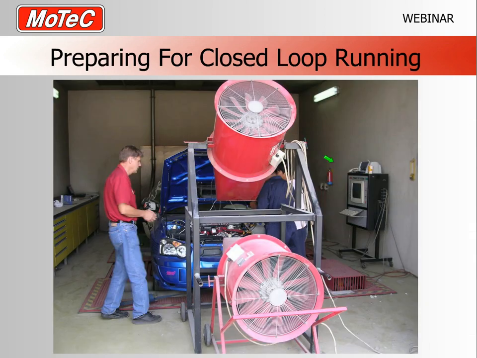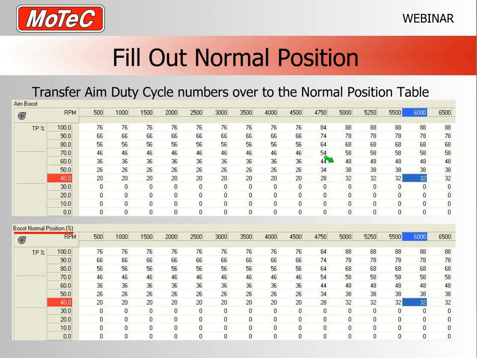Alright, so preparing for closed loop running. First thing we do, after we've got all that information and we understand what all the tables do, here we are an hour later, we need to fill out all our tables. So to fill out our normal position, we take all our information from what is the normal duty cycle for 4,500 revs. What's the normal duty cycle?